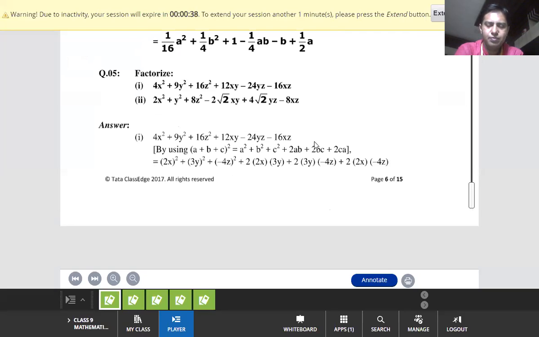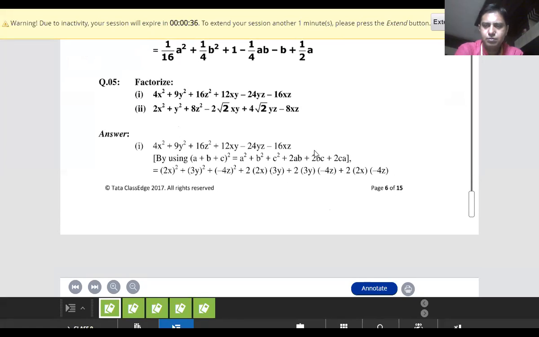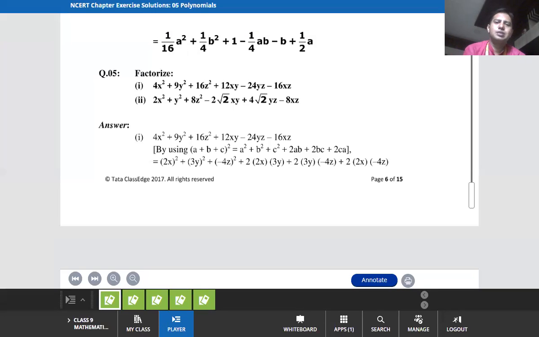Question number 5, we have 4x square plus 9y square plus 16z square plus 12xy minus 24yz minus 16xy, and we need to factorize it.